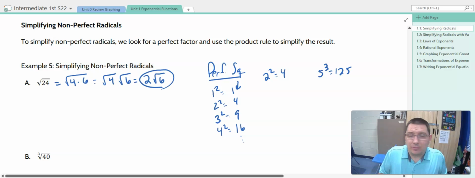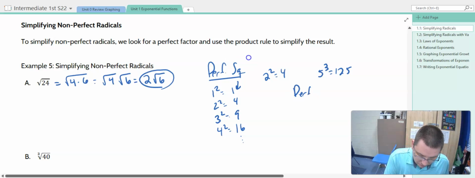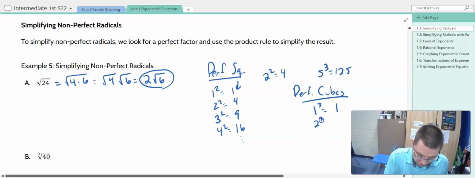When we look at example B, the cube root of 40, we could look at perfect cubes. And so with perfect cubes, we're looking for numbers that would be something to the third power. So like 1 cubed is 1, or 2 cubed is 8, 3 cubed is 27. 4 cubed is 64.